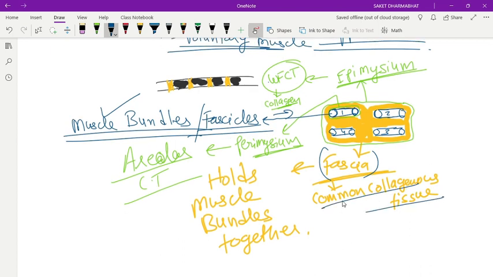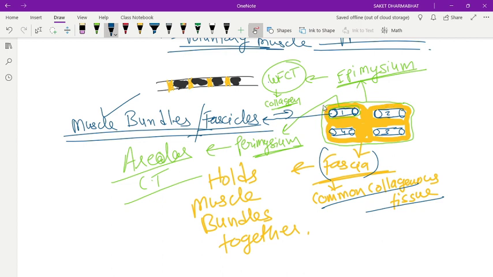Clear up to here? Now this is the structure of skeletal muscle. The skeletal muscle is covered on the outside by a sheath called epimysium. Epimysium is made up of white fibrous connective tissue, and white fibrous connective tissue is made up of collagen protein.